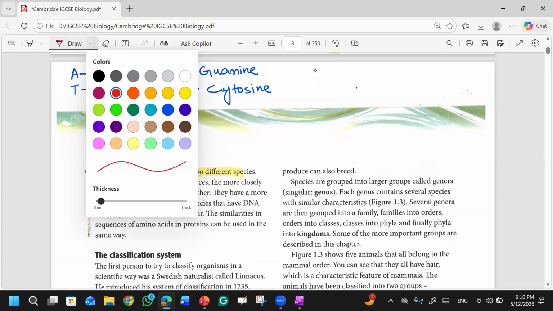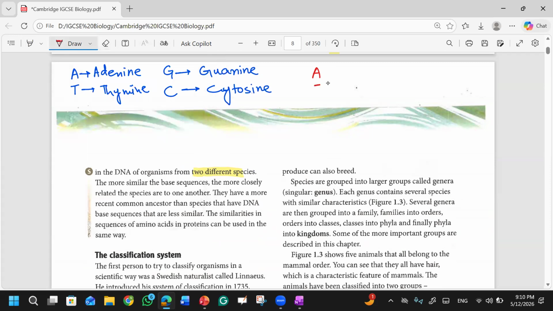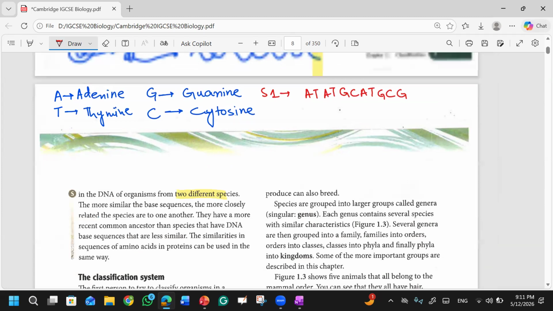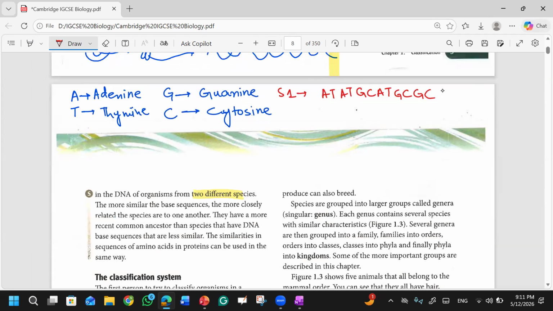For example, there is this sequence, this is sequence 1, and you have this other sequence.